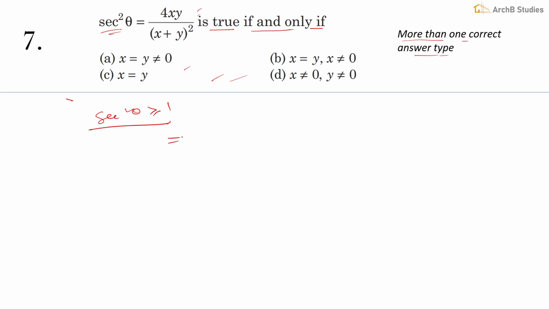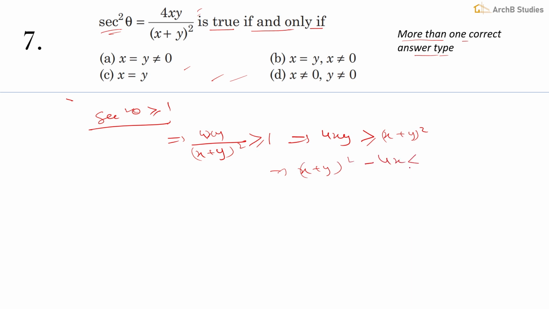Okay, so 4xy upon x plus y whole square will be greater than or equal to 1. This means that 4xy will be greater than or equal to x plus y whole square. Okay, now if I write this like x plus y whole square minus 4xy, this will be less than or equal to 0.